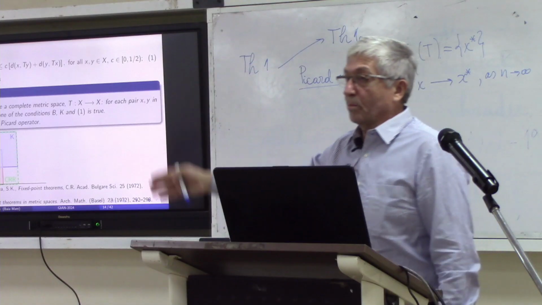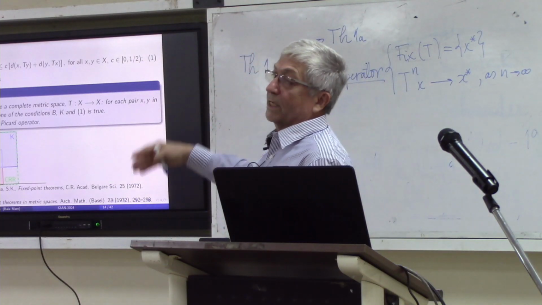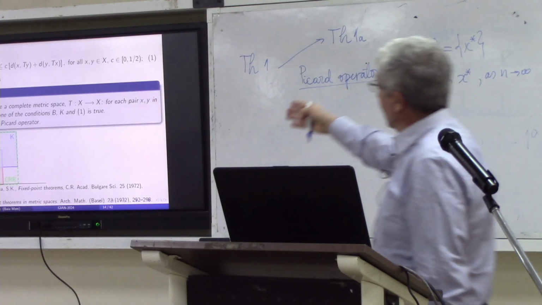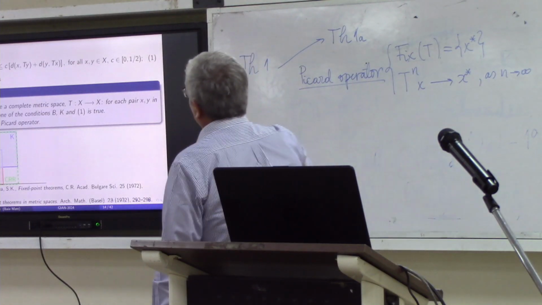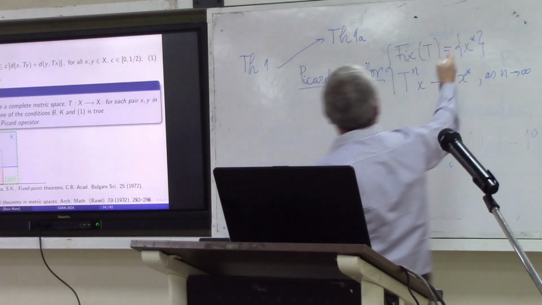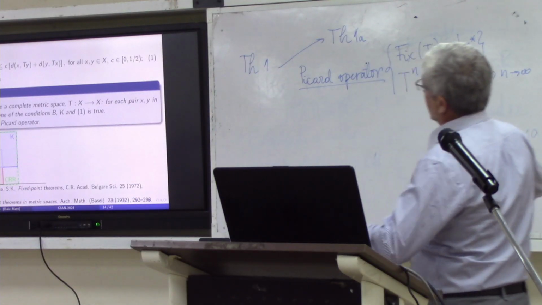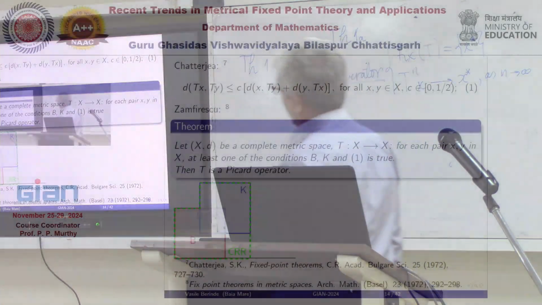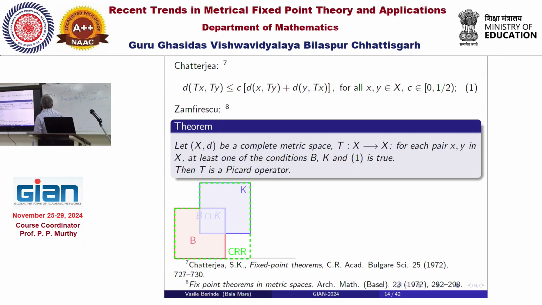Banach is a Picard operator, Kannan is a Picard operator, Chatterjee is a Picard operator, and the Zamfirescu mapping is also a Picard operator, in the sense that we have a unique fixed point and the sequence of successive approximations converges to this fixed point. So here is a diagram.